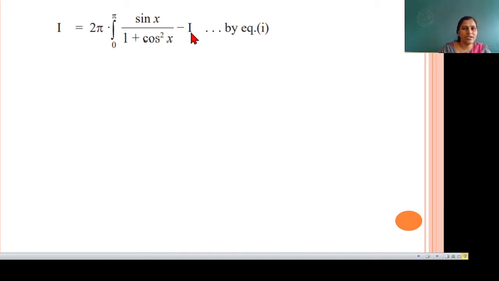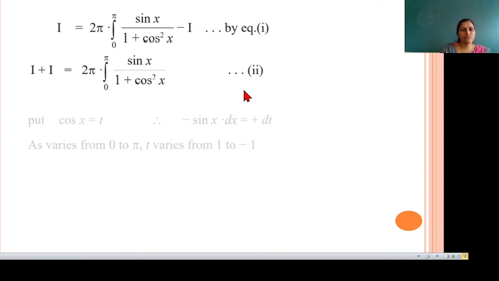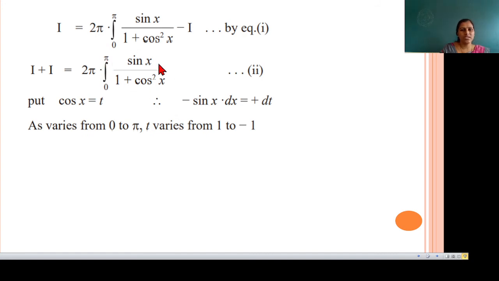So instead of the second integral, we have replaced it with the symbol I. So we get the step as I is equal to 2 pi into integral 0 to pi sin x divided by 1 plus cos square x minus I. So transferring this I to the LHS, we get I plus I in the LHS, and in the RHS the remaining term is only 2 pi into integral 0 to pi sin x divided by 1 plus cos square x, and we call this equation 2.